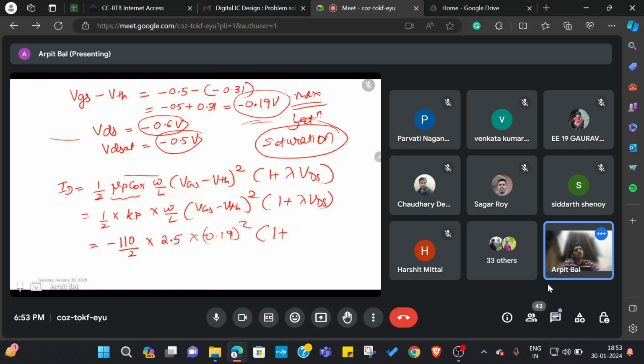1 plus lambda, which for this case was given to us as minus 0.11, into the VDS. The VDS was minus 0.6. Is equal to, so can someone try to solve this?